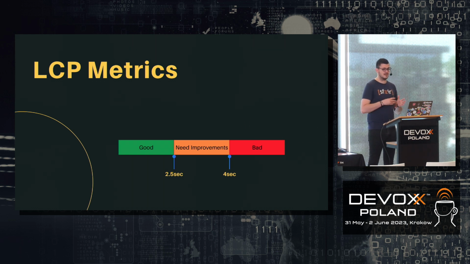Between 2.5 seconds and 4 seconds, your LCP score needs improvement. But don't worry, it's nothing, okay? Just a few adjustments. But above 4 seconds, the LCP score is very bad and your whole application needs to be reviewed, front-end side and maybe also the back-end side.